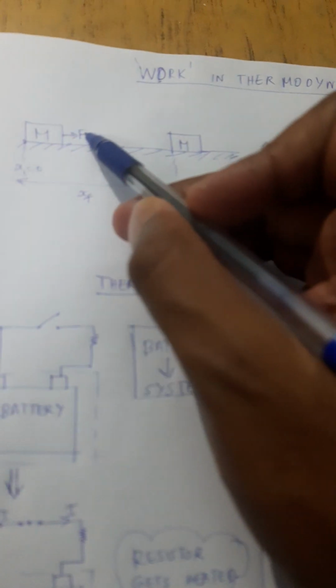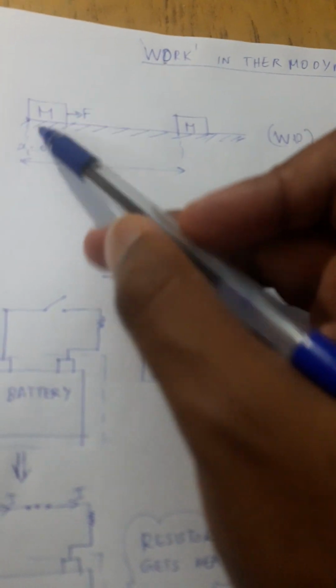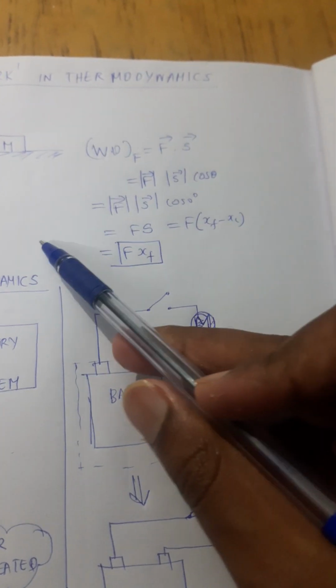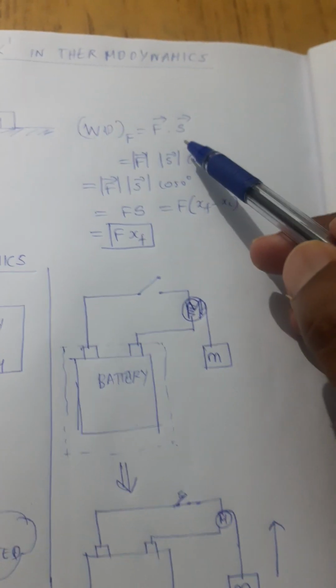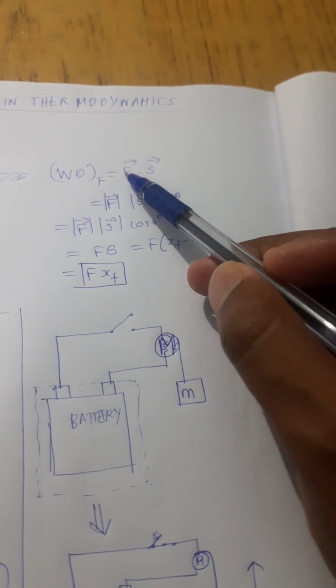Let us assume that this block of mass m is subjected to a force F, and after a few seconds this block is displaced by some distance. In mechanics, the definition of work done by this external force on this block is given by the dot product of the force vector and the displacement vector.